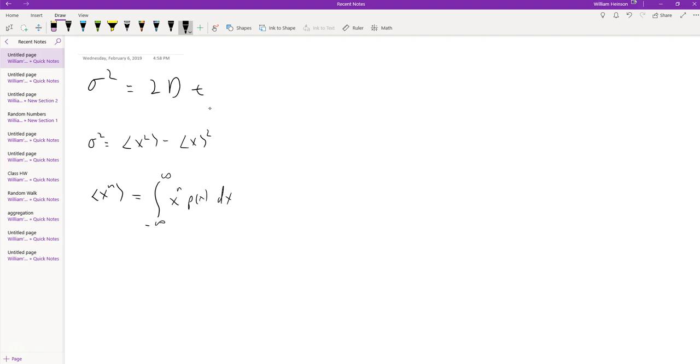Since these are symmetric probability distributions, both for the coin flip and for the other one, this integral should be 0. So really what we want is the second moment.